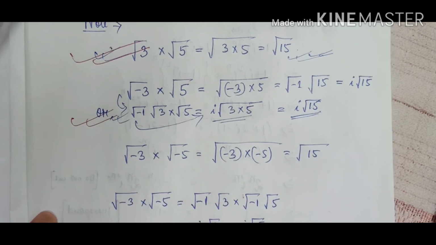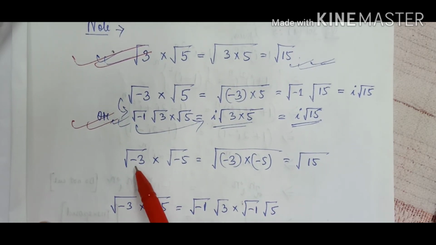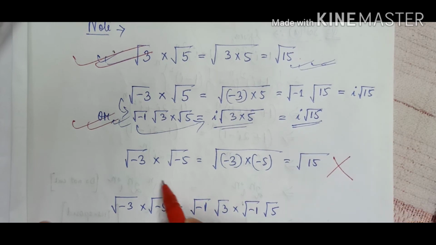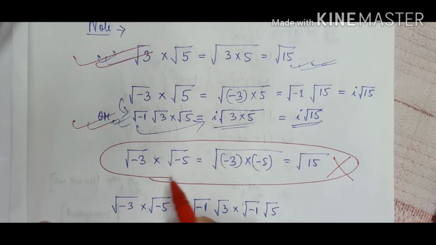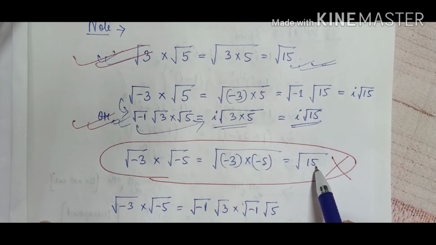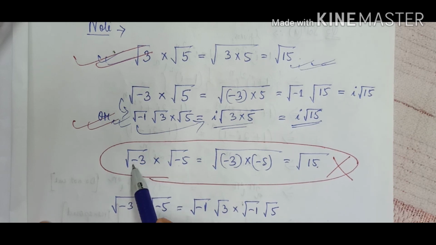If both are negative, what will happen? If both are negative, we can put it like this, which is not true. It is wrong. You cannot write like this. When both are negative, you cannot make it positive here, because they are imaginary numbers.